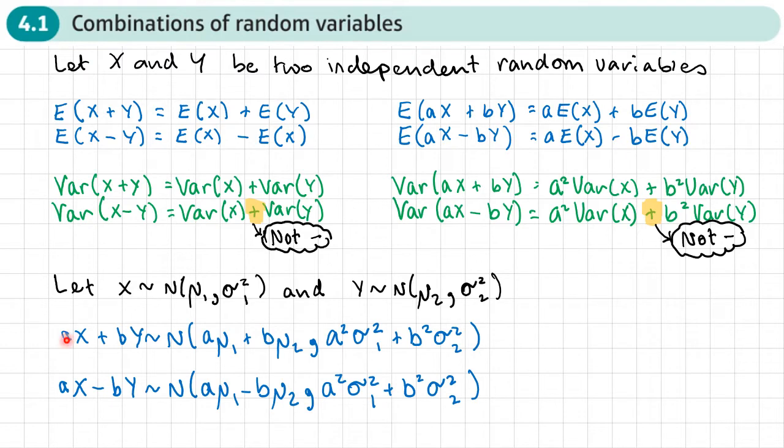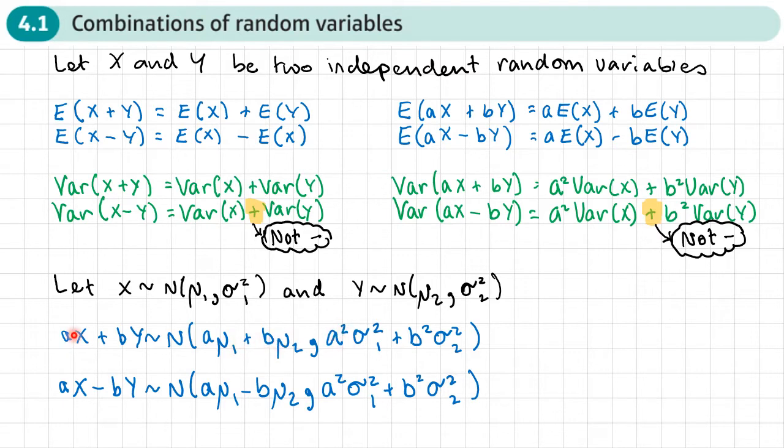So first of all, if we add multiples of these random variables, then the normal distribution of that is going to have a mean which is a multiple of the mean of X plus that multiple of the mean of Y. So we can see that here.